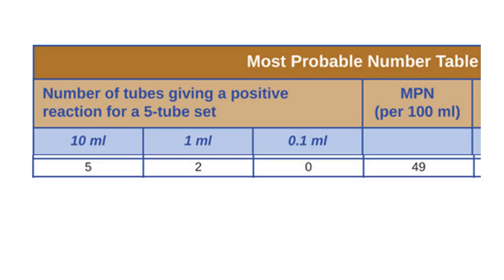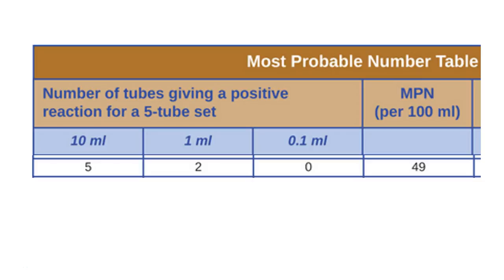Now, based on all the work that went into creating this table, the statistical value shows that most likely there are approximately 49 bacterial cells per 100 mils in that water sample, based on these results alone.